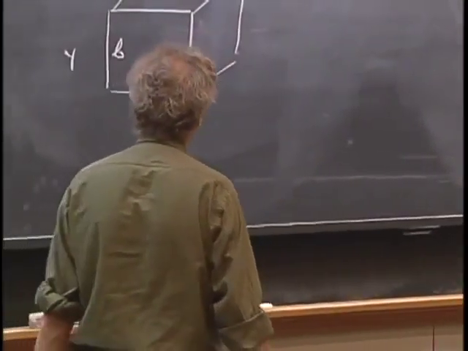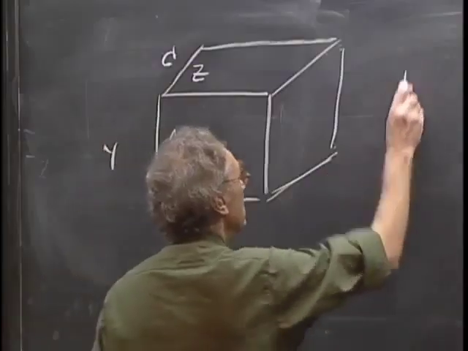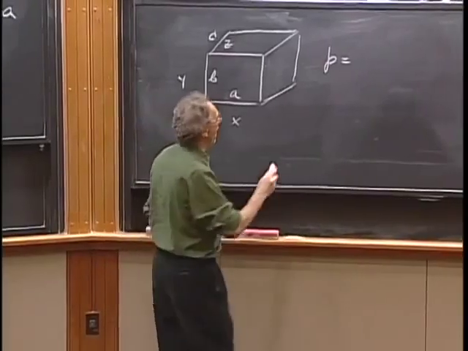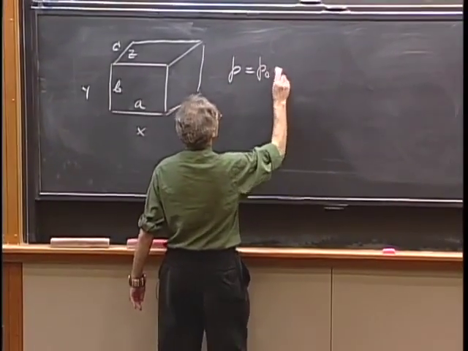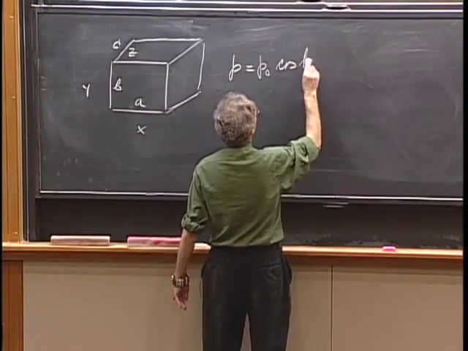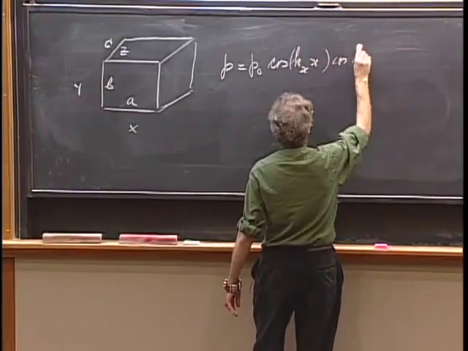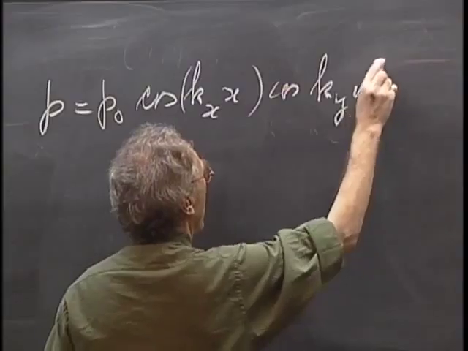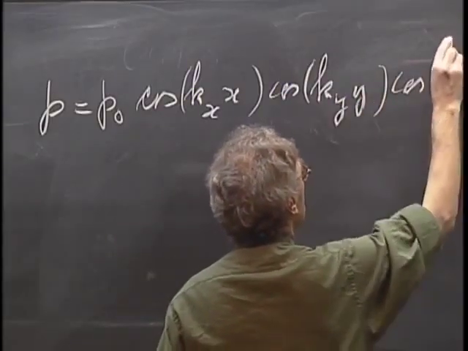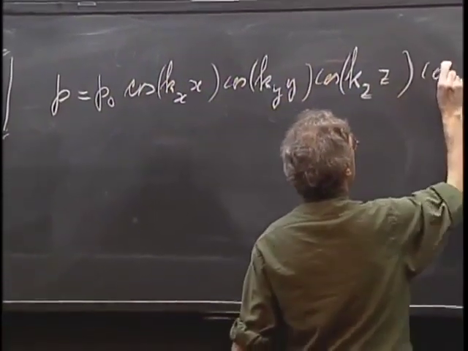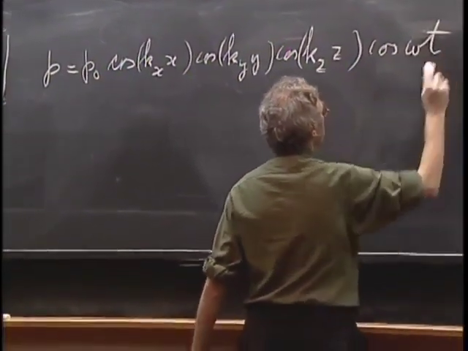So I can write down the pressure, P, that is the pressure over and above 1 atmosphere, as some amplitude P0 times the cosine of Kx times x, times the cosine of Ky times y, times the cosine of Kz times z, times cosine omega t.